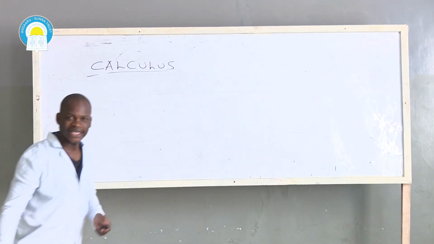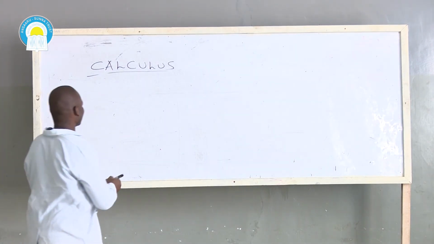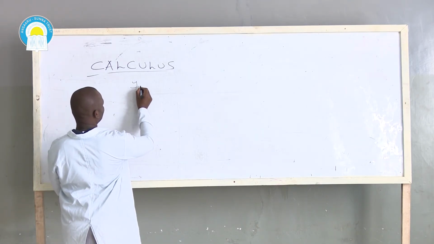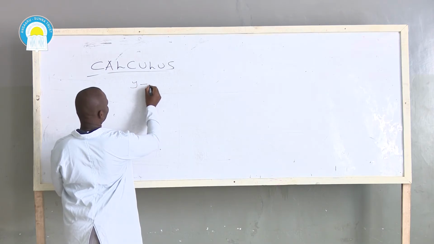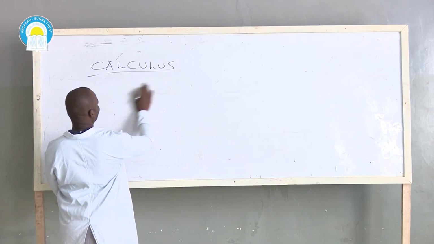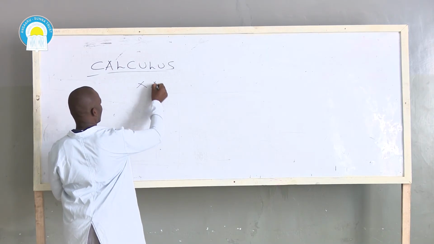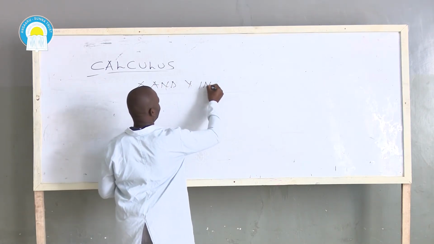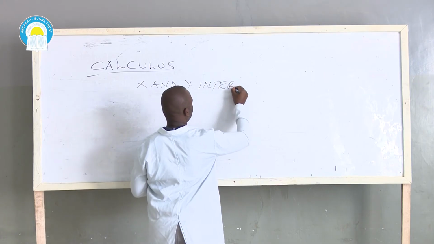Now, x and y intercept. Let's quickly discuss that. I'll begin with y. Let me just have both x and y intercept.